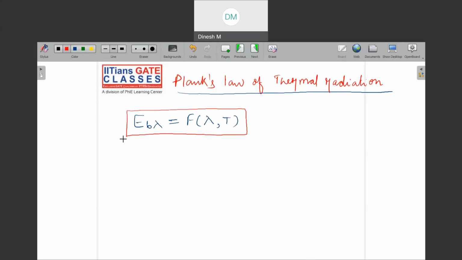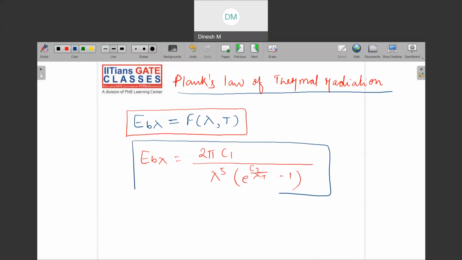Then this is derived as E_b lambda equals 2 pi C1 over e to the power C2 upon lambda T, minus 1. This relation is not important for you to remember, but you should at least see how it looks.